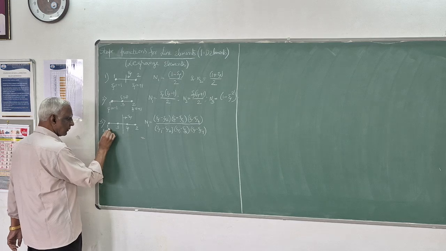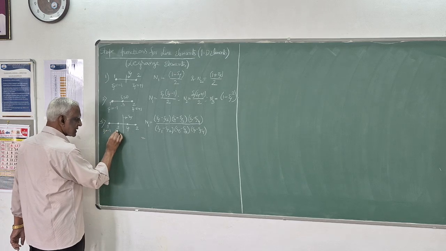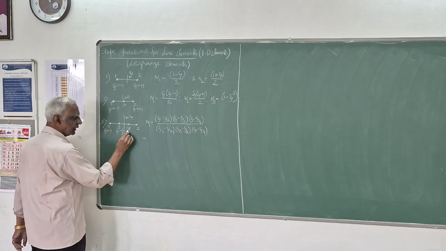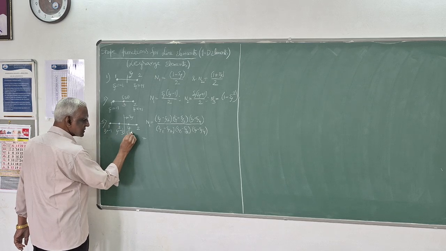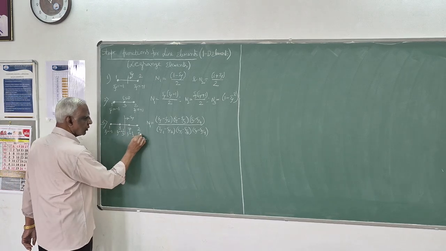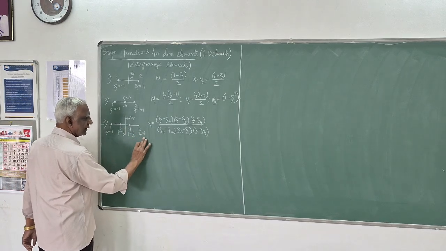Here psi is equal to -1 at node 1, psi is equal to -1 by 3 at node 3, psi equals to +1 by 3 at node 4, and psi is equal to 1 at node 2.